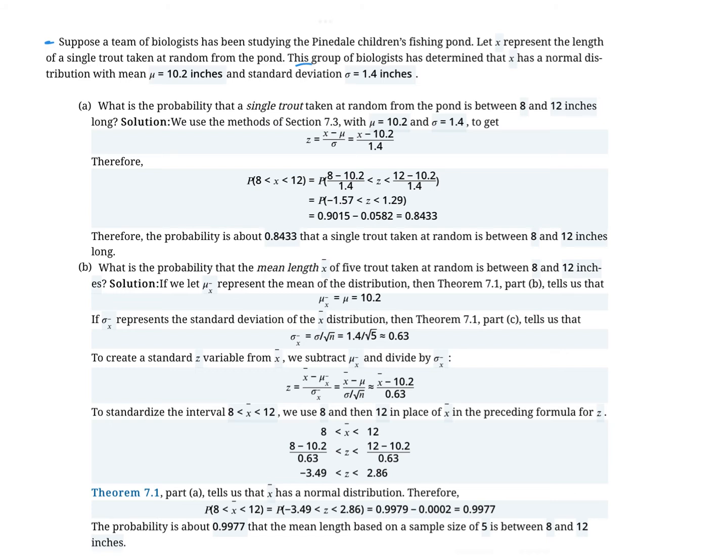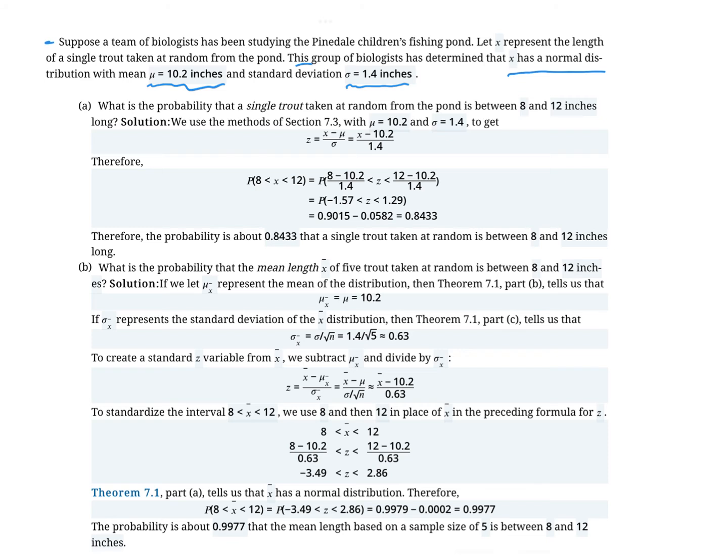This group of biologists has determined that X is normally distributed with a mean of 10.2 and a standard deviation of 1.4. This is 7.3. They're even telling you right here that it's 7.3.